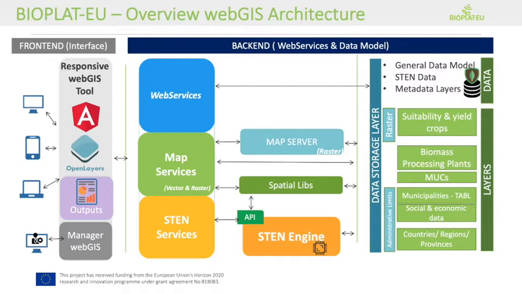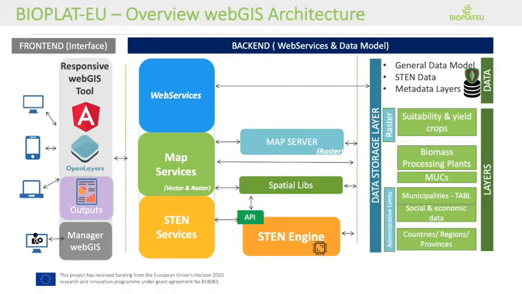In the data handling block, the data model architecture has been designed in two levels. The first level is in charge of general data and STEM data, and the second level handles spatial data schemas, which contain the vector layers and raster images. The basic layers of the project are the crop suitability and raster layers. This is the KF layer.